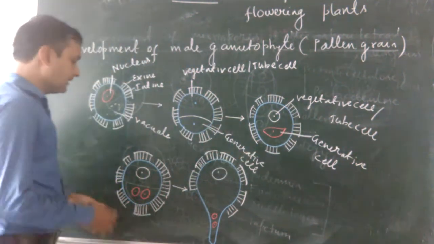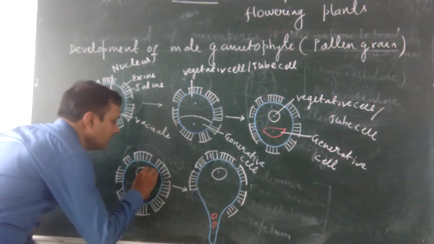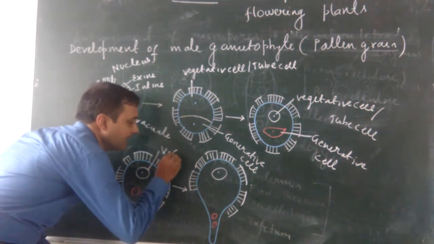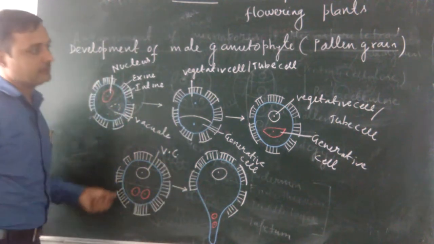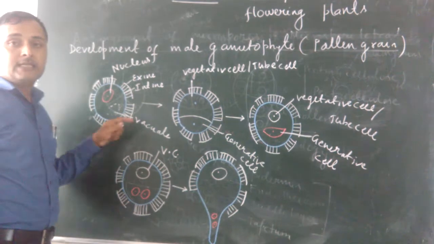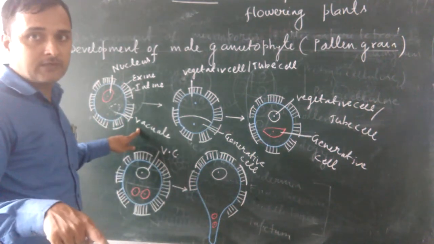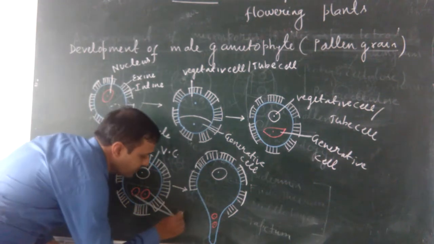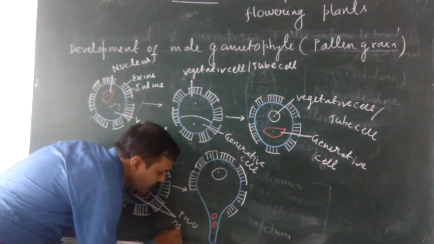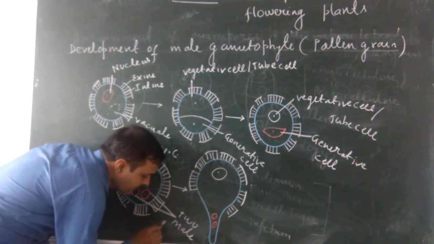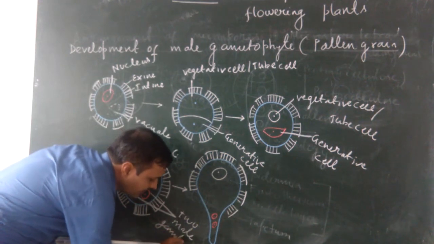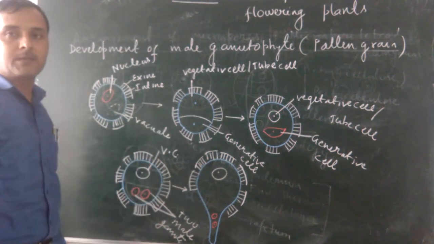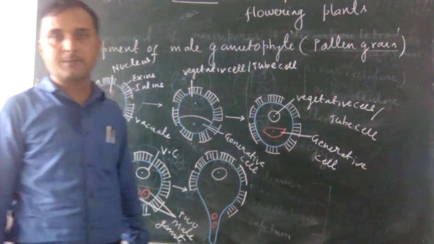Later on, the generative cell further divides and forms two male gametes. These two male gametes take part in the process of double fertilization. I will explain that in the next video.